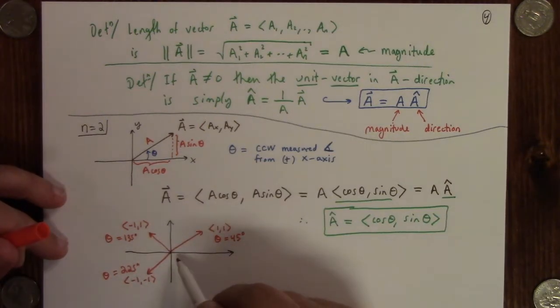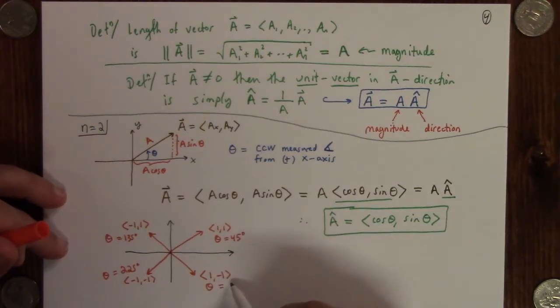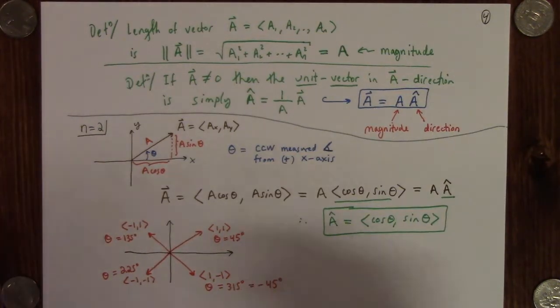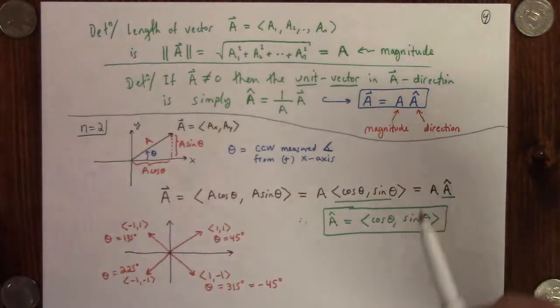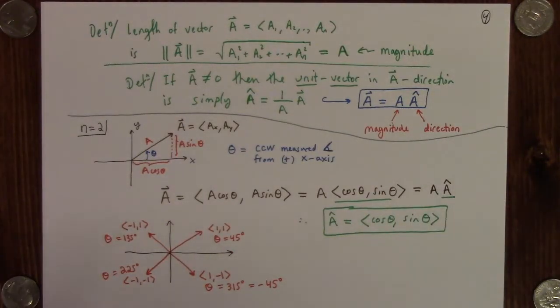And this one down here, 1, minus 1, has theta equal to what? Well, 270 plus 45, 315, or minus 45 degrees. And this equal is a geometric equals. It's not like numbers are equal; these are geometrically identified. Of course, when we're working with angles, we can always add multiples of 360.